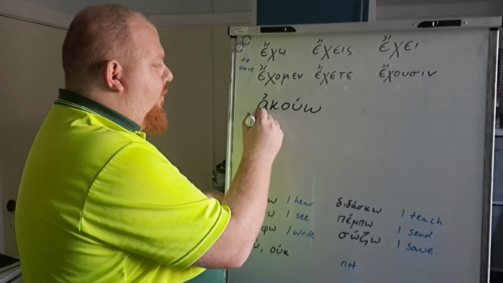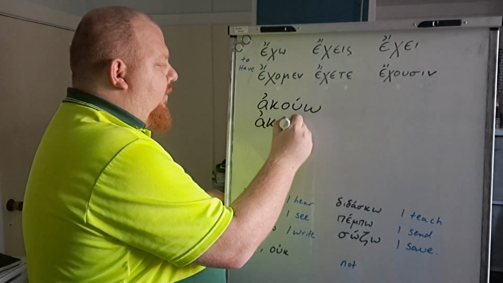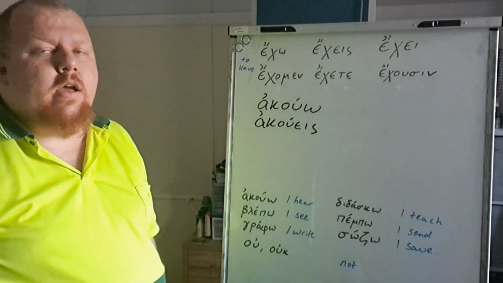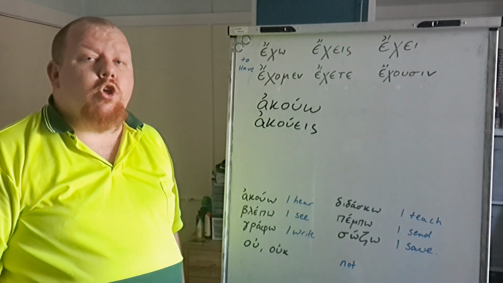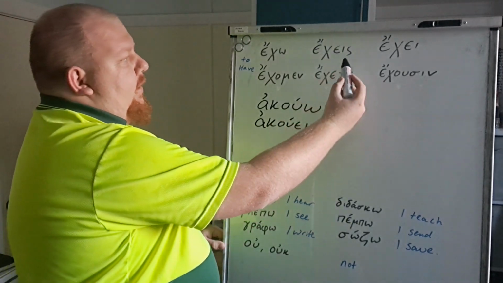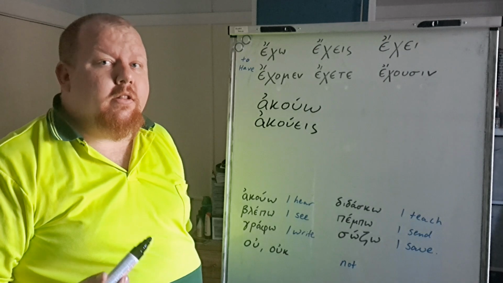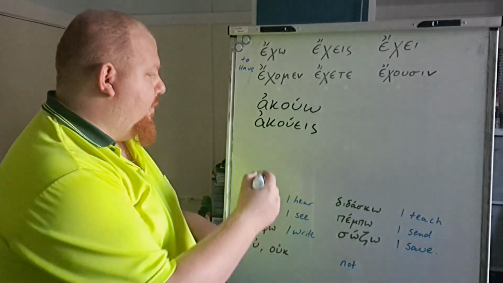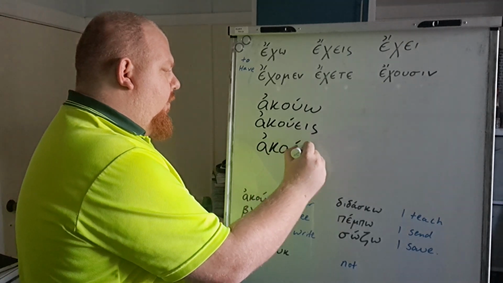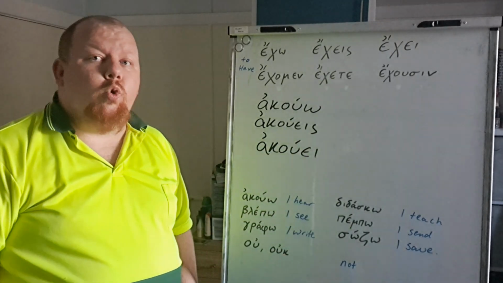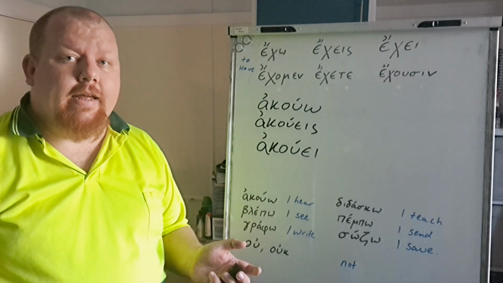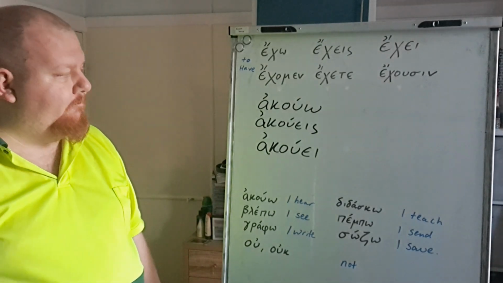So we have akuis, you hear. Now, the only difference between the second person and the third person is you drop the sigma. Akui, he hears, or she hears, or it hears, or one hears.